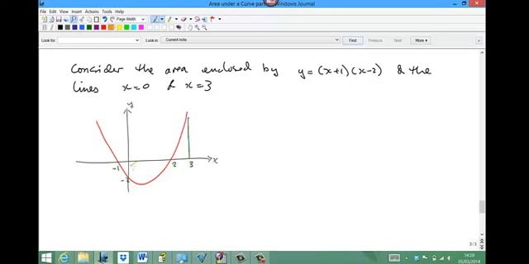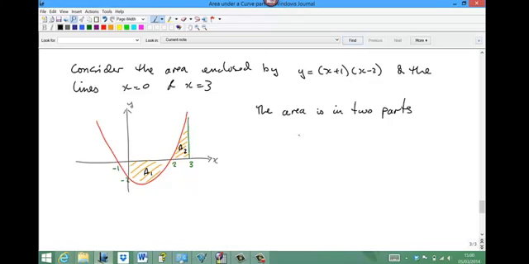So the area we need to calculate is that. The area is in 2 parts. We have A1, this area below the x-axis, and A2 between x equals 2 and x equals 3 above the x-axis.